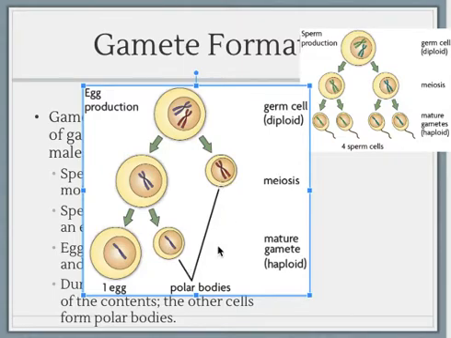What's left over are called polar bodies, and they are not part of the equation in terms of reproduction. They don't get involved in uniting with sperm cells. The egg is what's going to unite with sperm cells. The egg takes so much of the original cell's contents, as far as organelles, cytoplasm, and all that, that it gets devoted to producing one egg, whereas your other material gets discarded, and we call that other material polar bodies. Okay, that gets us through 6.2.